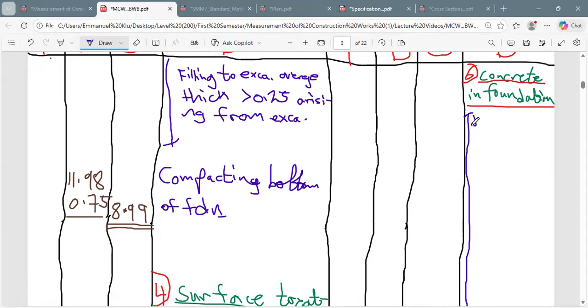So this becomes our in situ concrete. In situ means it was done on site.